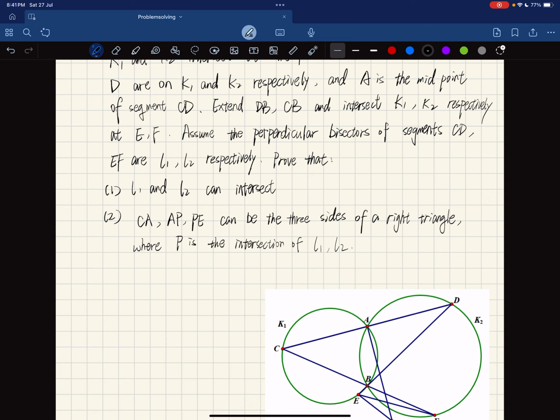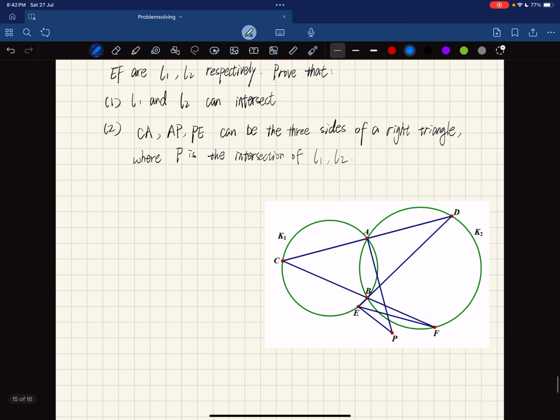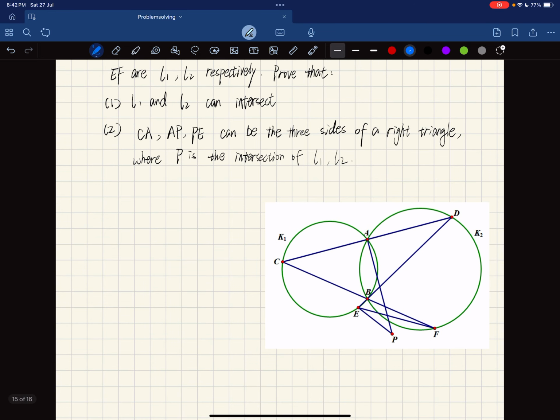So that means A is on the segment CD, right? That's obvious. And we extend the segments DB and CB and let them intersect the circles at E and F respectively, and assume the perpendicular bisectors of the segments CD and EF are L1 and L2 respectively. We have to prove that.